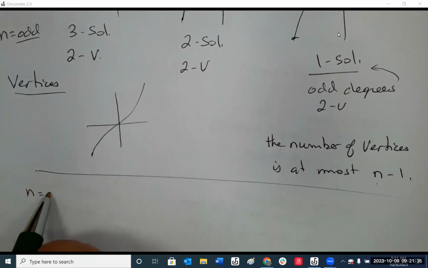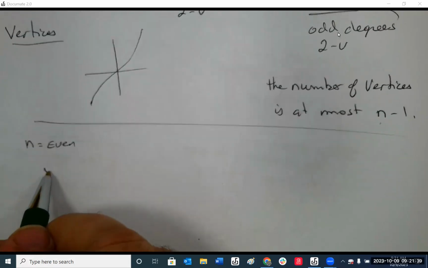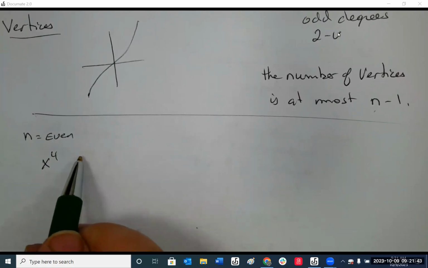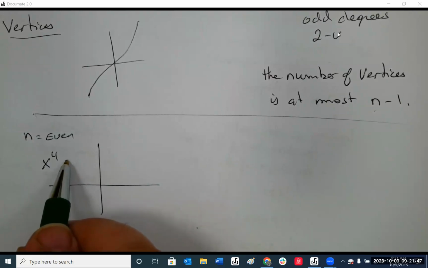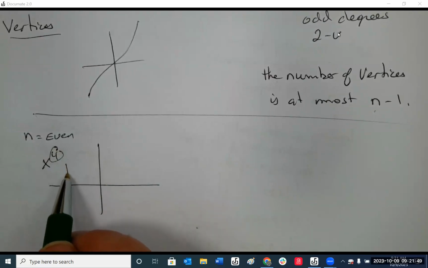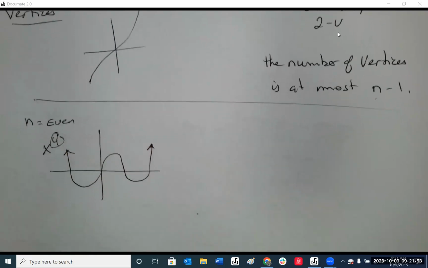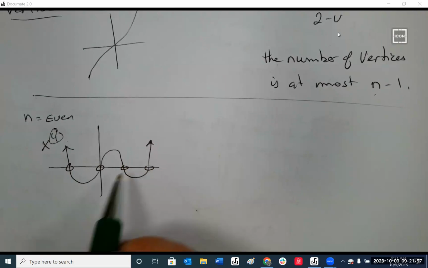If n is even, let's say x to the 4th. Since it's even, both ends point the same direction. So we can have 4 solutions.